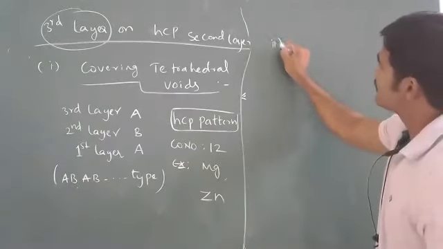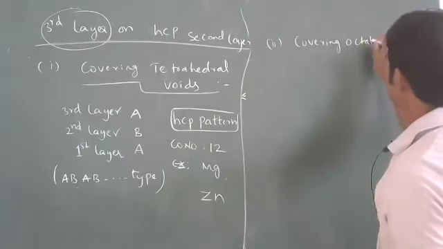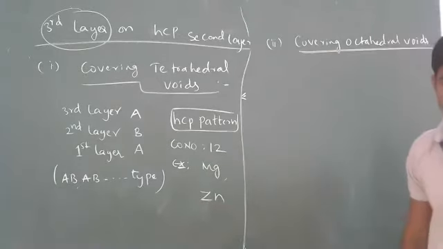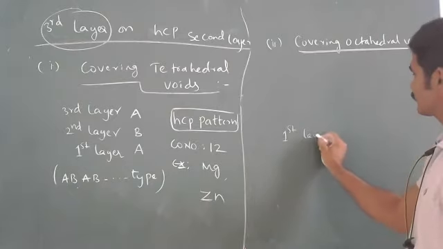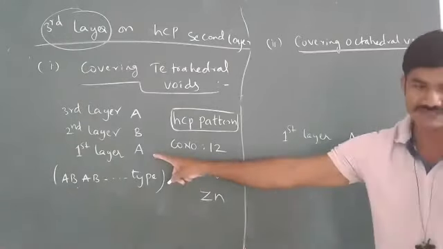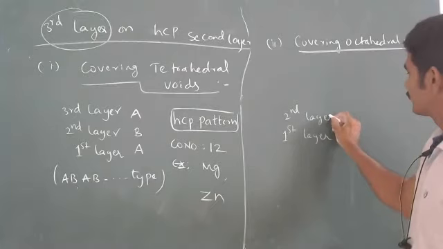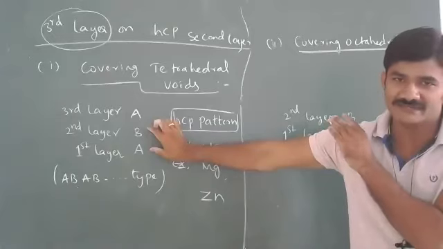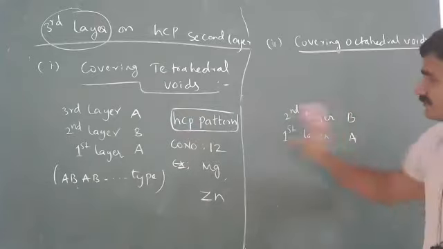Now, the third layer I'm placing is covering octahedral voids. So how am I covering? There is the first layer, A, and the second layer is B. Up to here it is the same.